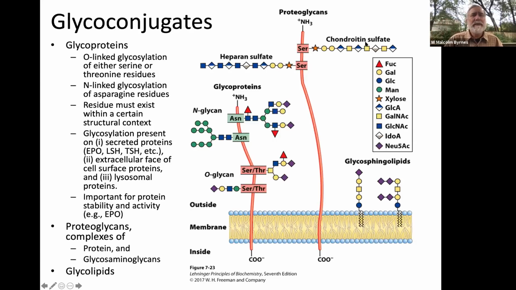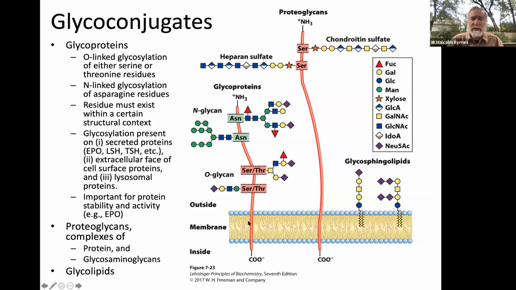So that brings me to the difference between proteoglycans and glycoproteins. In glycoproteins, we talked about these before. They are proteins that either are secreted or exist on the outside face of a cell, in the extracellular phase, that are modified or decorated with these carbohydrate groups.